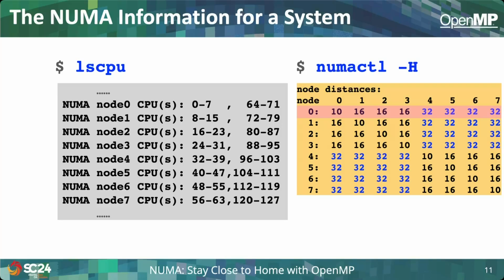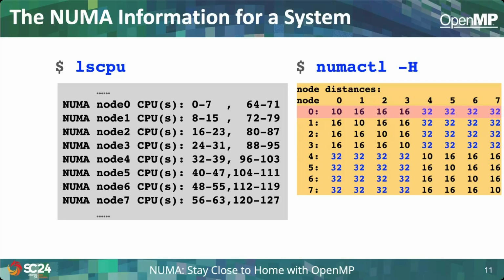These are numbers that are used by the scheduler to make scheduling decisions, but it does mean there's a notion of remote access. But as we follow that horizontal line, we see that nodes 4, 5, 6, and 7 are even further away. They have a higher latency. So we have 2 levels of NUMA here. Level 1 is the nodes 1, 2, and 3, and level 2 is nodes 4, 5, 6, and 7.